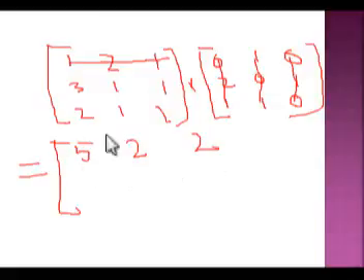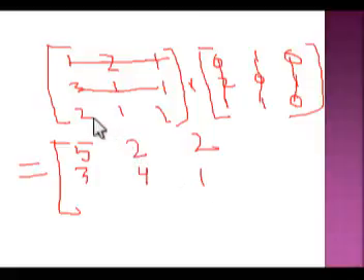For the second row, the first element is obtained from the second row and first column. So this will be 2 and 1, 3. For the second element of the second row, we multiply the second row and second column. This will be 3 and 1, 4. For the third element of the second row, we multiply the second row and third column. It will be just 1.